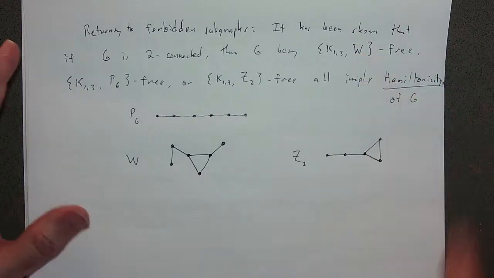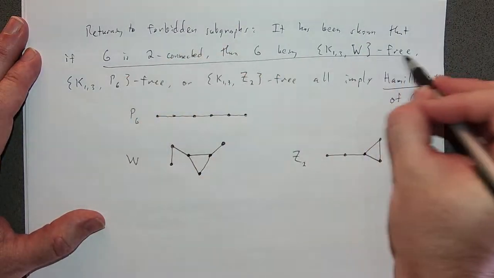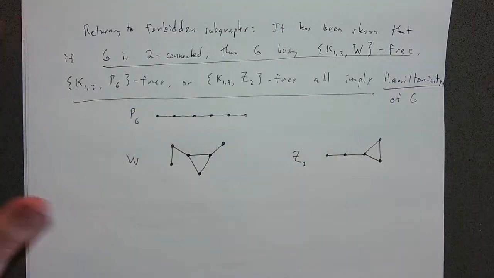So combining this with our other results, remember we had our previous results that being claw-free and Z1-free did it. Being claw-free and N-free also did it in a 2-connected graph.